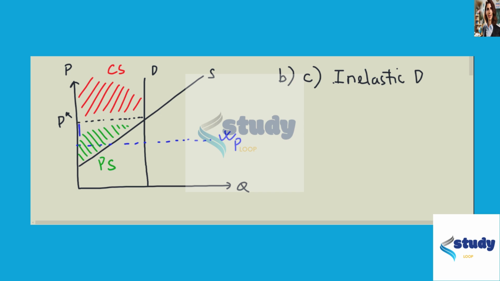And this area, the rectangular area, represents the gain in consumer surplus. We have another triangle that represents the gain from trade. So you could answer true to both statements.